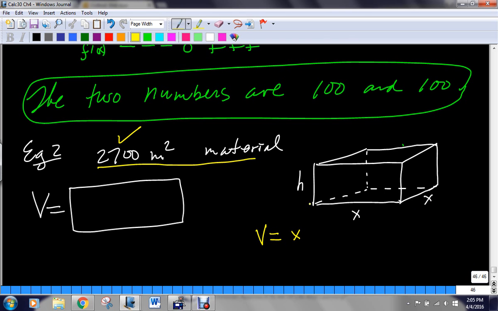Length times width times height. So that's actually x squared h, or hx squared, doesn't matter. I'm given that the volume is 2,700 meters. So in this particular question, x squared h is 2,700.